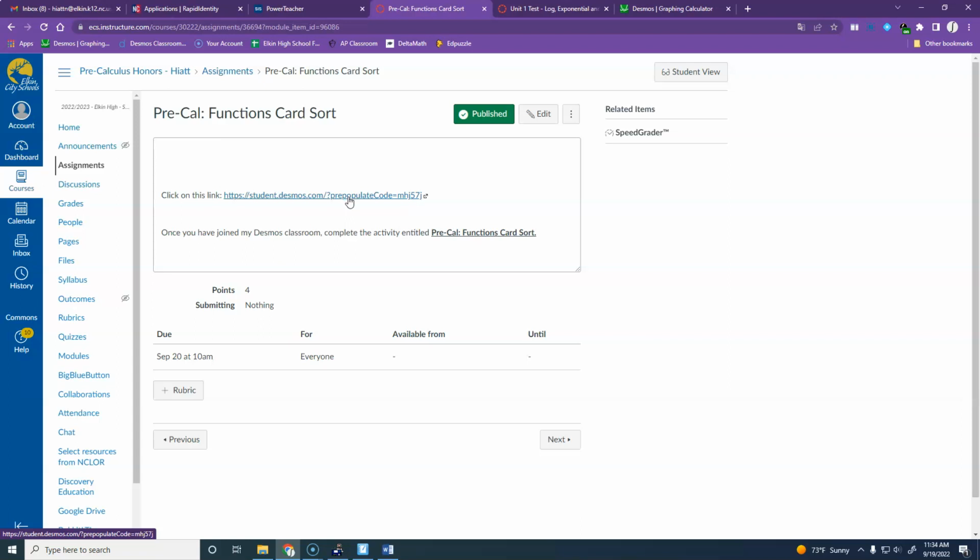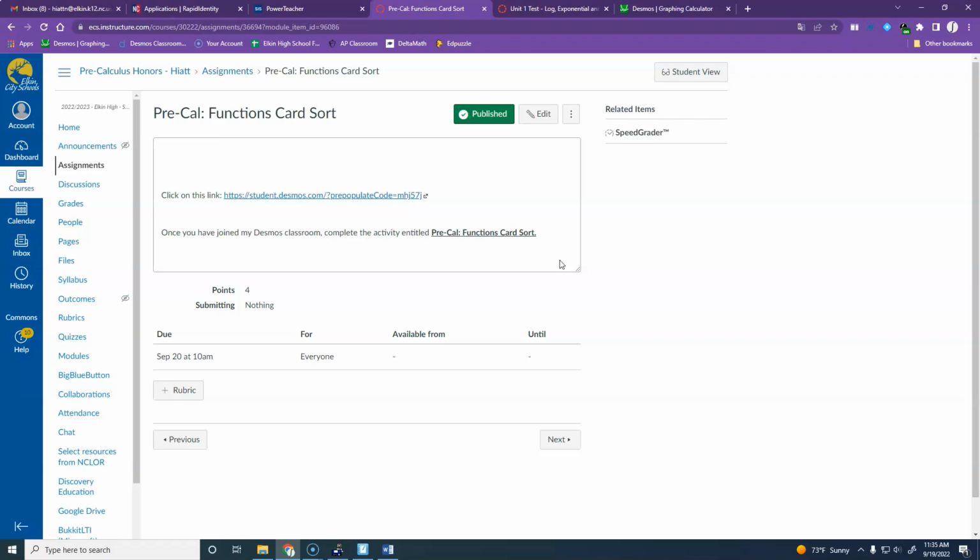Then once you do that, there's going to be something called the functions card sort. It is going to have you sort cards to match graphs. So use what we have learned here. Do not graph them in Desmos except as a last resort. I know everybody can type those into Desmos and see what they look like, but I want us to be doing this without a graph. There will be a non-calculator section to this test, so only do that as a last resort.